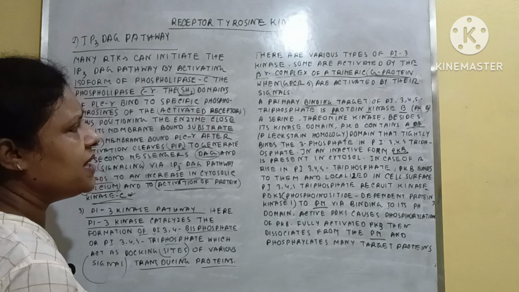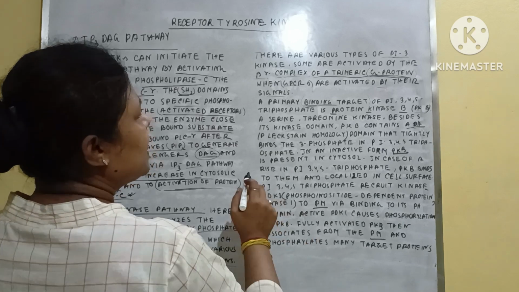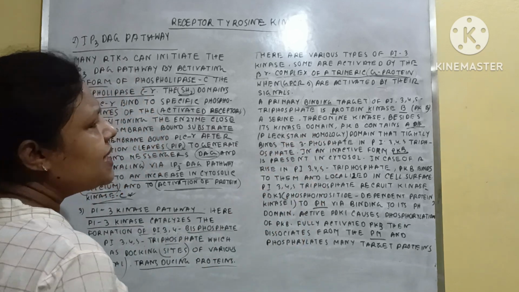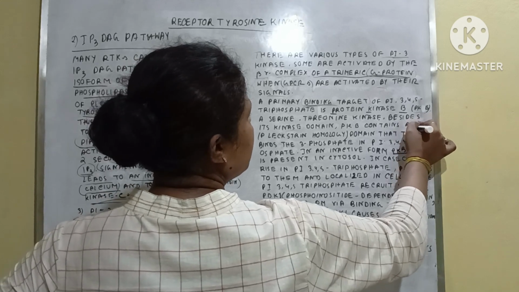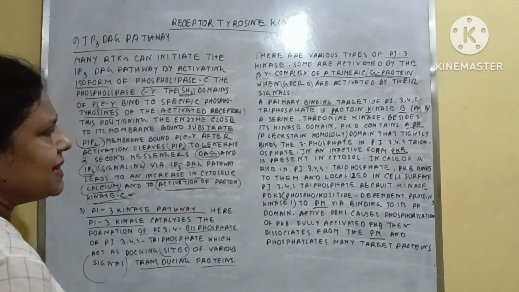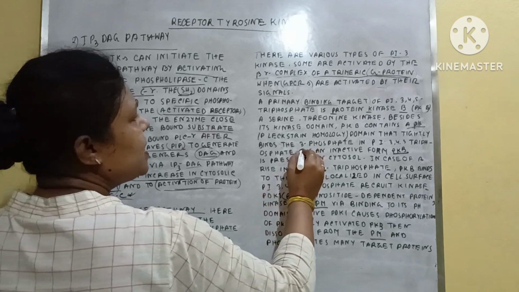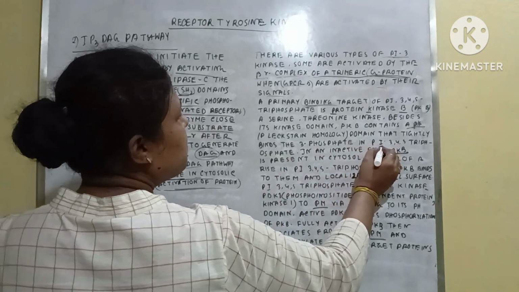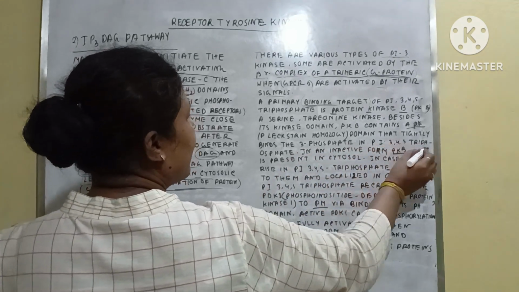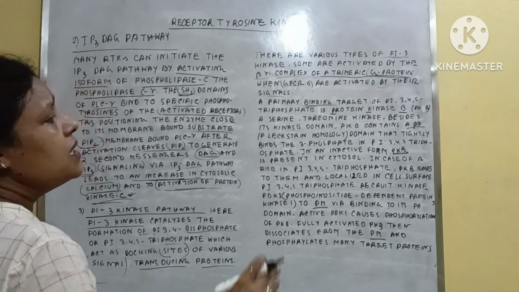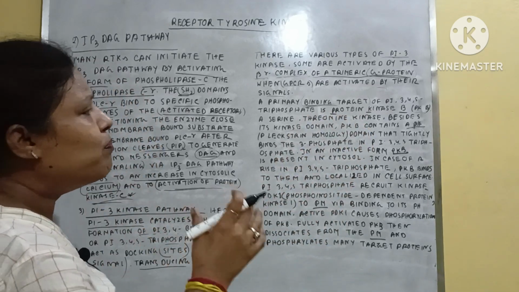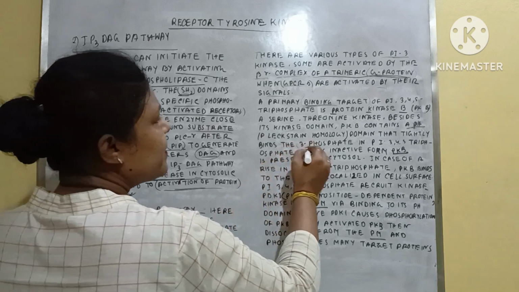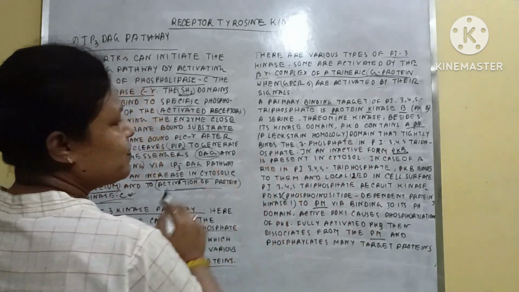So two domains are there: one is the kinase domain, another is the PH domain. The PH domain tightly binds the 3-phosphate in PI3,4,5-triphosphate.